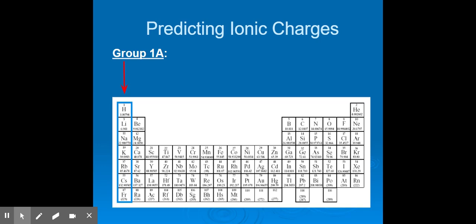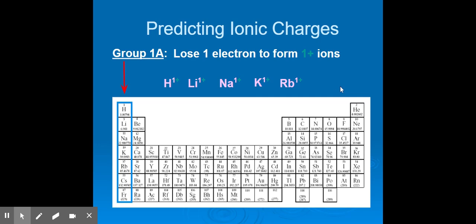However, if they lost the single electron that they have in their outer shell, then the shell underneath is full. So these atoms will actually lose one electron, forming positive ions or cations with a +1 charge. And this is how we would write this.